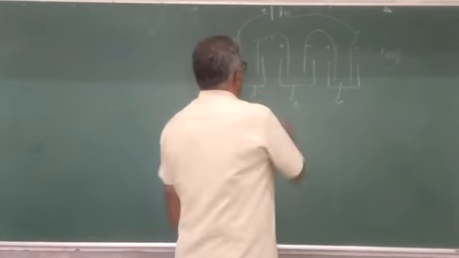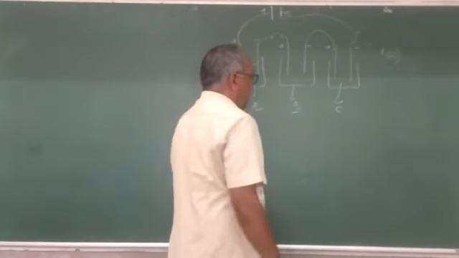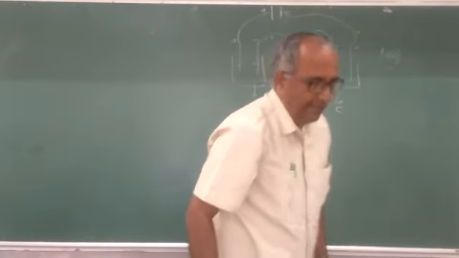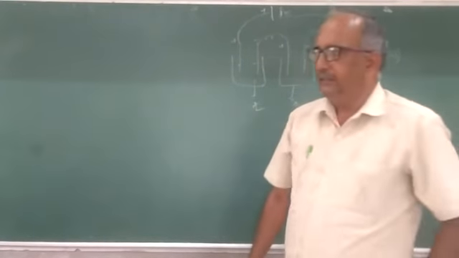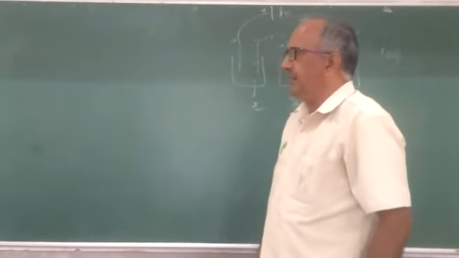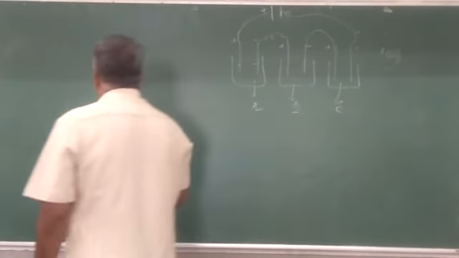Here the first electrolyte, second, third electrolyte. So when the same quantity of electricity is passed into the different electrolytes, the mass of the substance deposited or liberated is directly proportional to their equivalent mass.